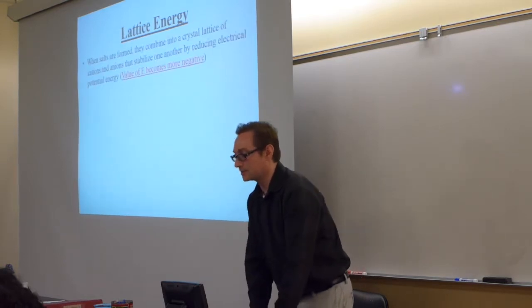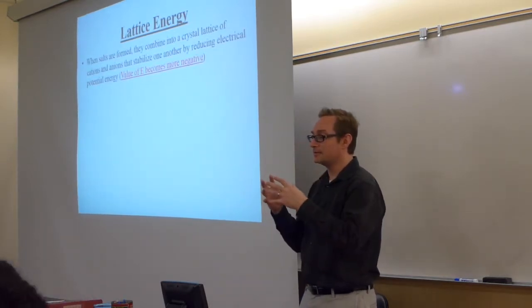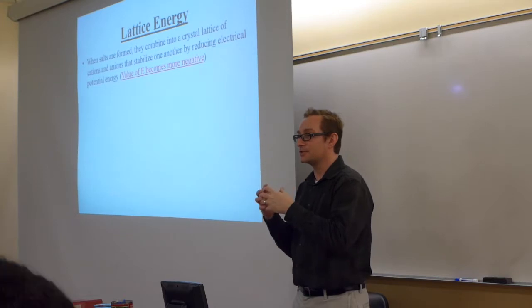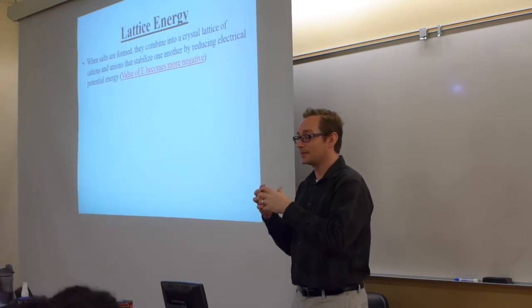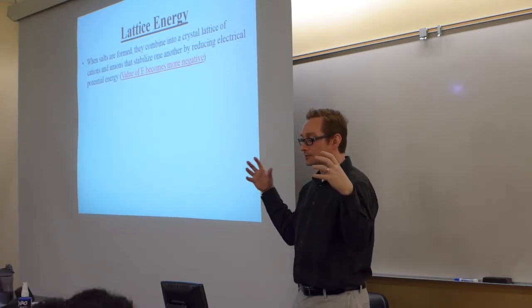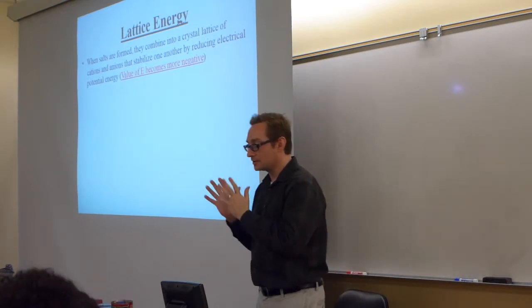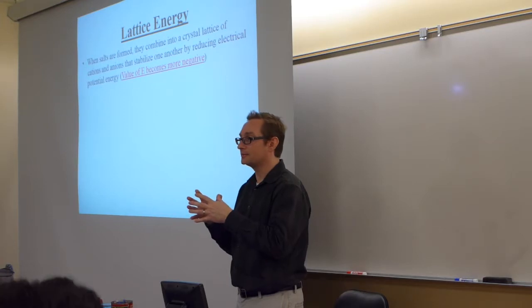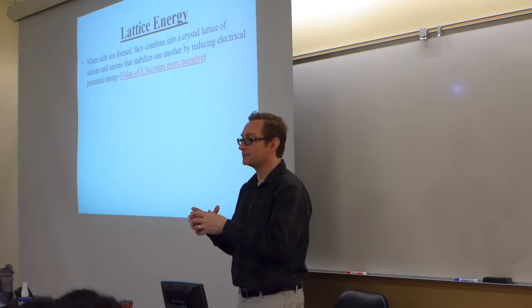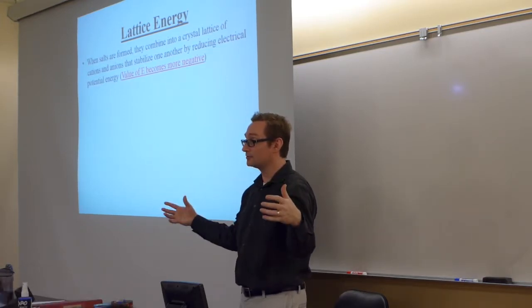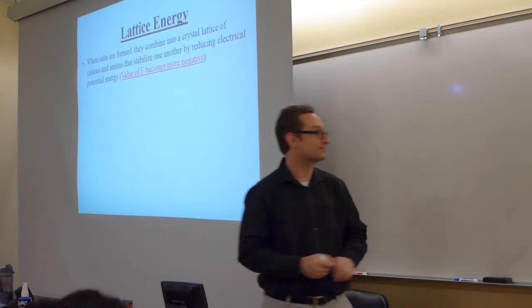So conceptually, it's just opposite charges coming together that decreases the potential energy of the system. If opposite charges are still far apart, that's a high potential energy situation. If two like charges are close together, that's actually a high potential energy situation. If they're farther apart, it's a lower potential energy situation.